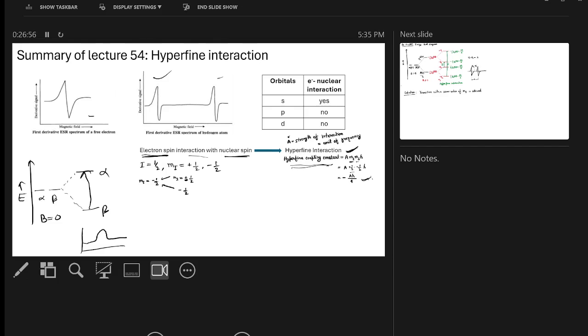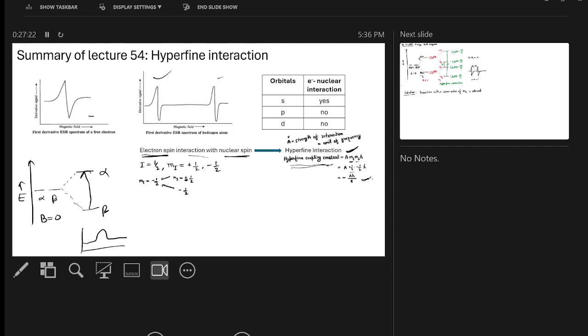Let's try to understand physically why this hyperfine interaction is happening. Let's say we have a nucleus here. We can explain this with the help of quantum mechanics, not classical, because classical considers the electron as a particle rotating in a fixed circular path that we call orbit. But in quantum mechanics it's an electron cloud rather than a particle, with wave nature.